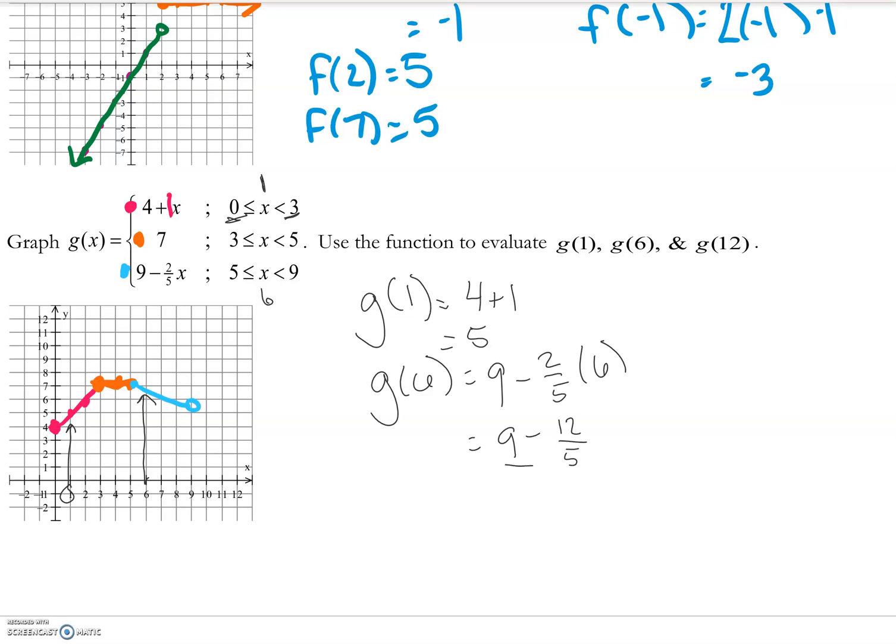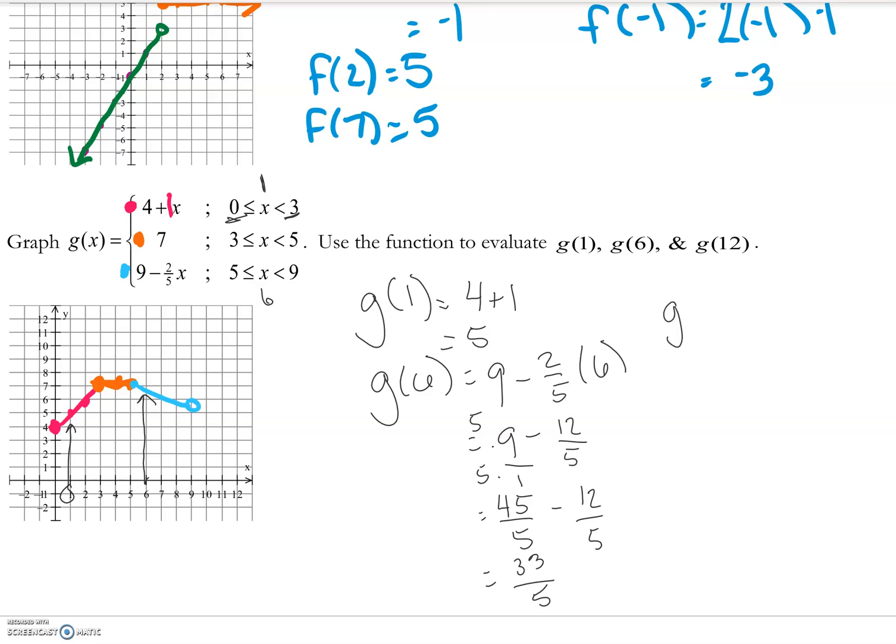If we wanted to do some more fraction work here, we could get a common denominator so that we can subtract those and get 45 over 5 minus 12 over 5. And 45 minus 12 is now 33 over 5, which also makes sense here on our graph. It's kind of a fraction in between some points.